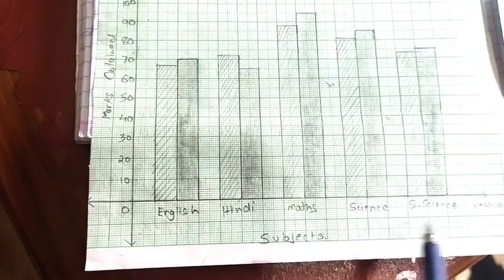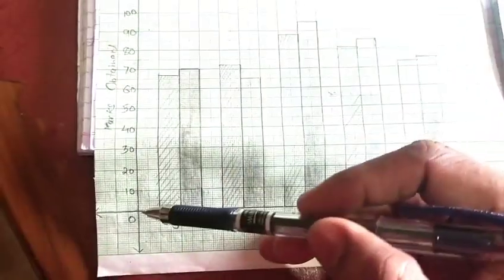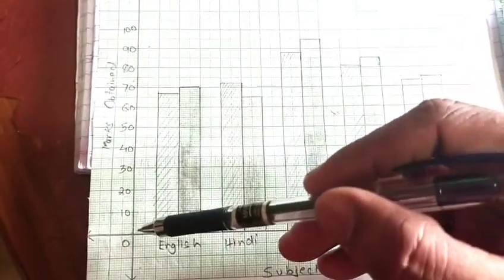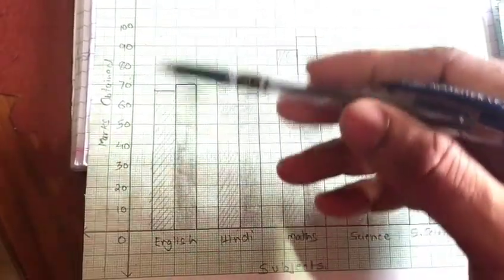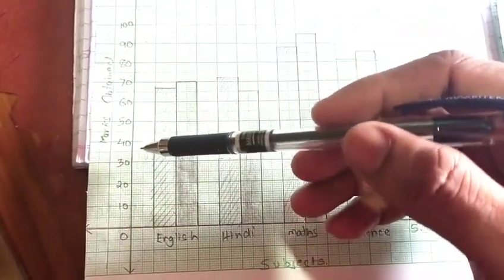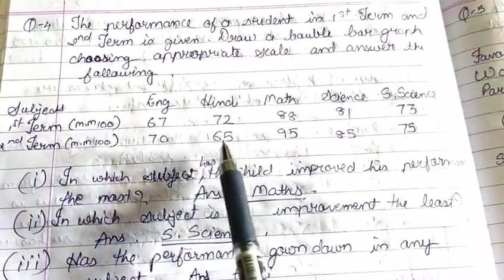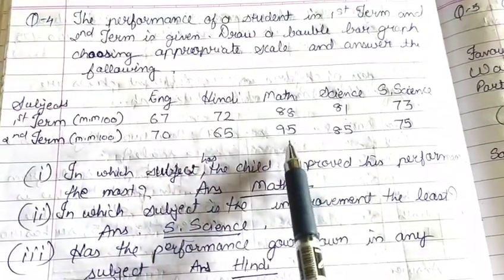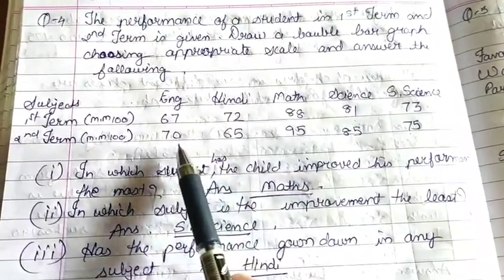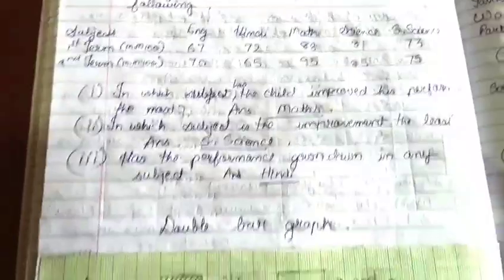Now write down the subjects in this way. Now here how much is 1 centimeter, what scale you will take over here, that will be decided by the minimum and maximum marks from the question. So the minimum marks I find is 65 and the maximum marks is 95. So why not take 1 centimeter equals 10 marks.